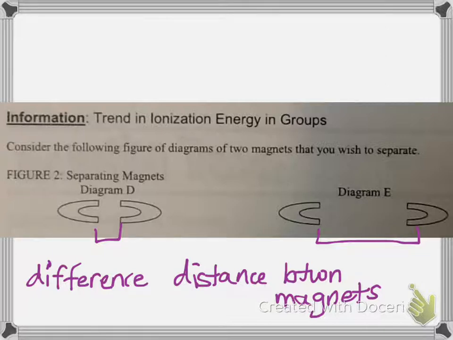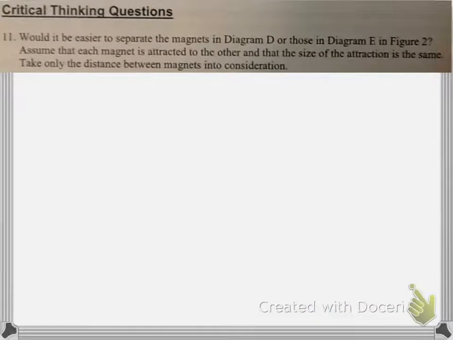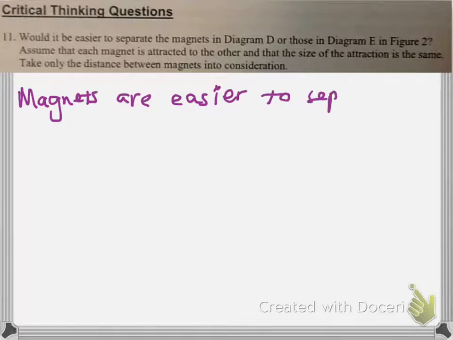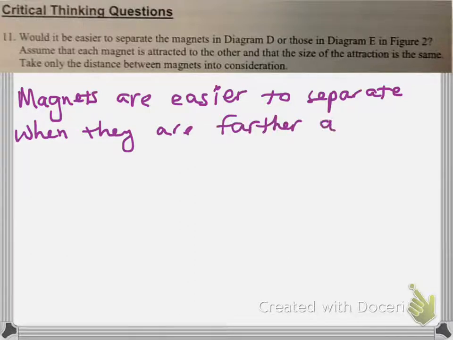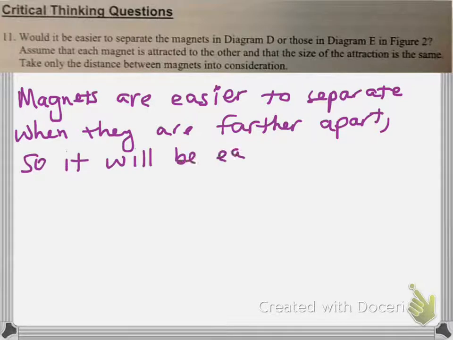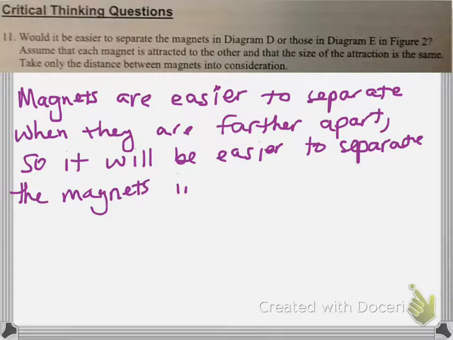Hopefully you remember from playing with magnets when you were a little kid, that diagram E. The magnets are easier to separate when they are further apart. So it will be easier to separate the magnets in diagram E.